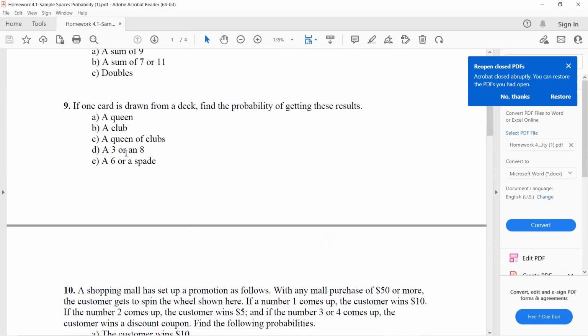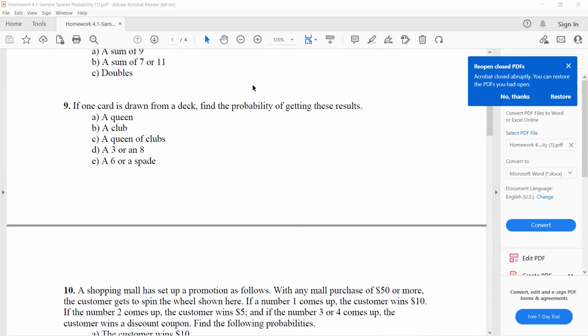So the probability of a 3 or an 8. Remember, when we have "or", what do we do? We add.